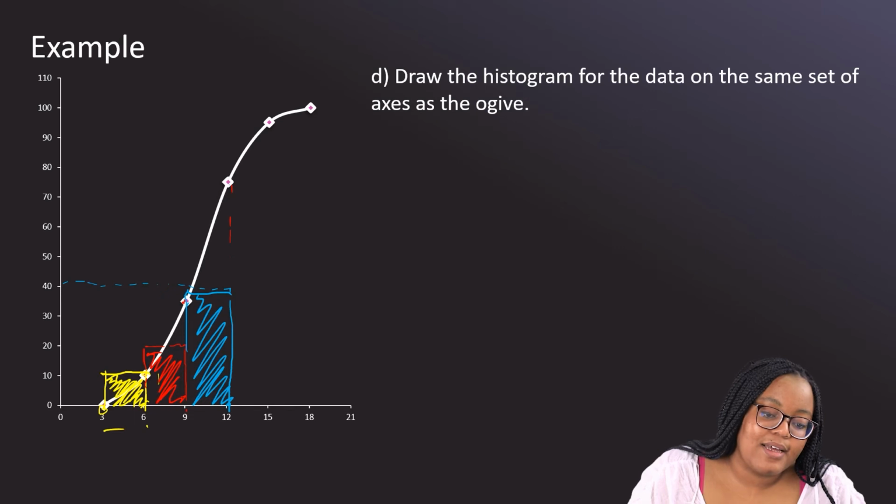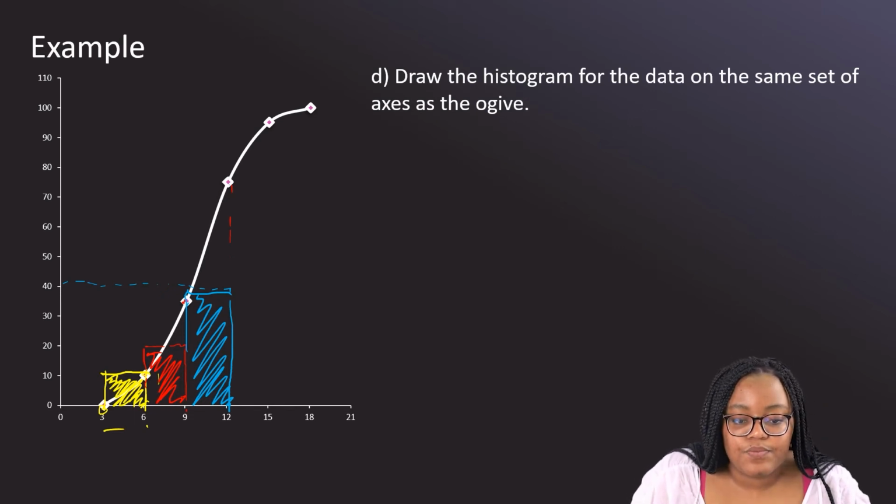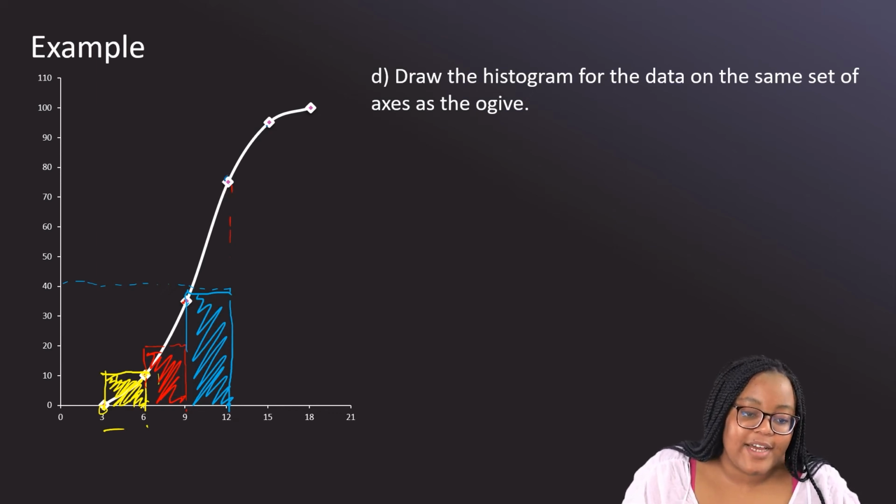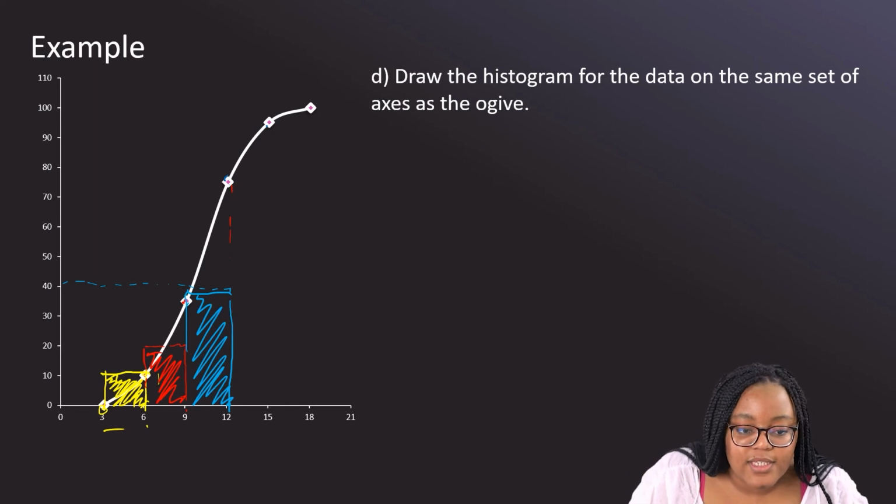In this second to last interval, we have increased from 70 to 90, which means we've changed by 20. So at 20 is where I'm going to draw my bar.